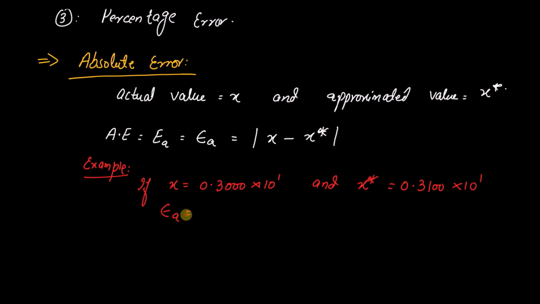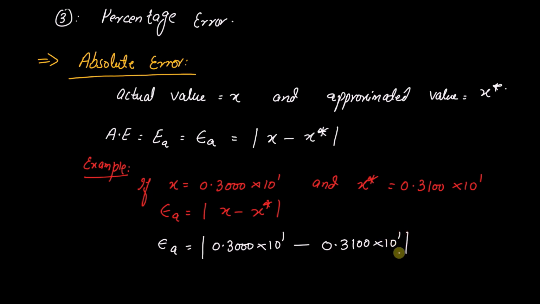Epsilon a is equal to mod of x minus x star, so the actual value 0.3000 times 10 to the power 1 minus the approximated value 0.3100 times 10 to the power 1.